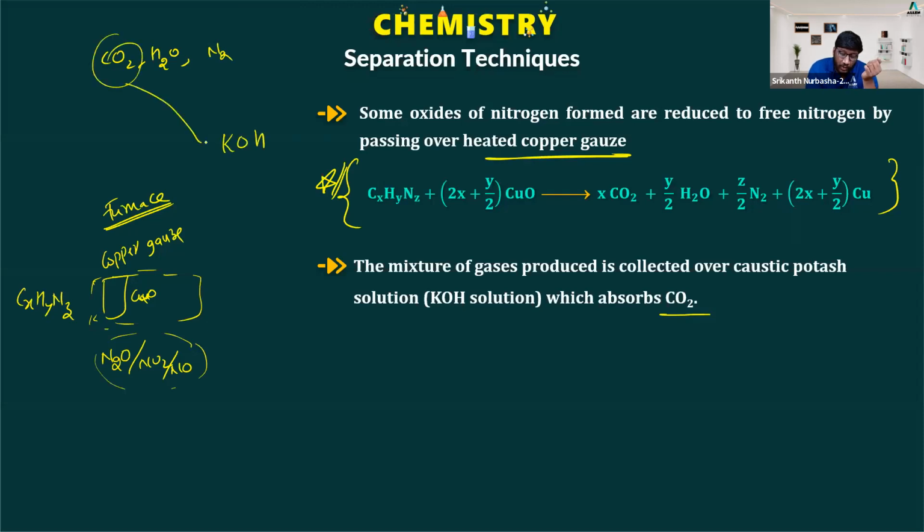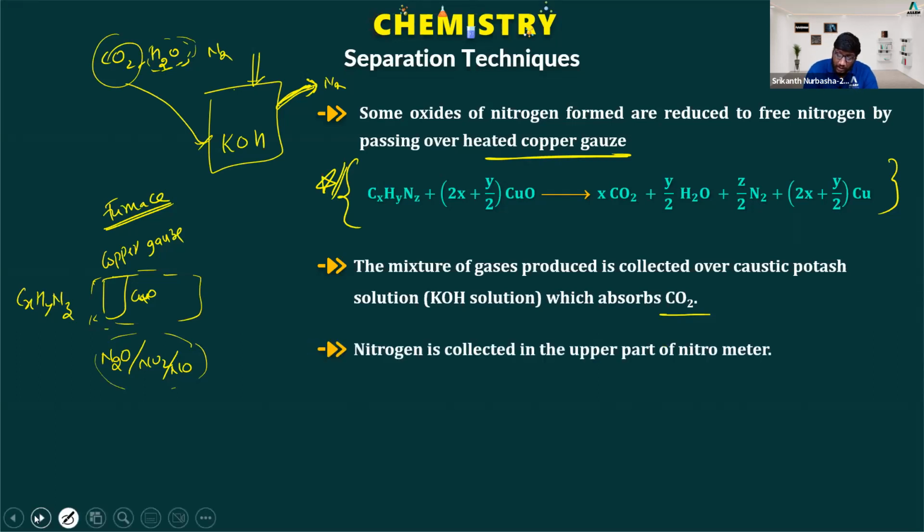What gases do we have, students? CO2, H2O, and N2, right? KOH will absorb the CO2 and N2 gas is released out. And whatever pressure we exert here is also affected by H2O, because the pressure of N2 is not directly evolved, as N2 is also present with water vapor. We'll understand this with the example as well.